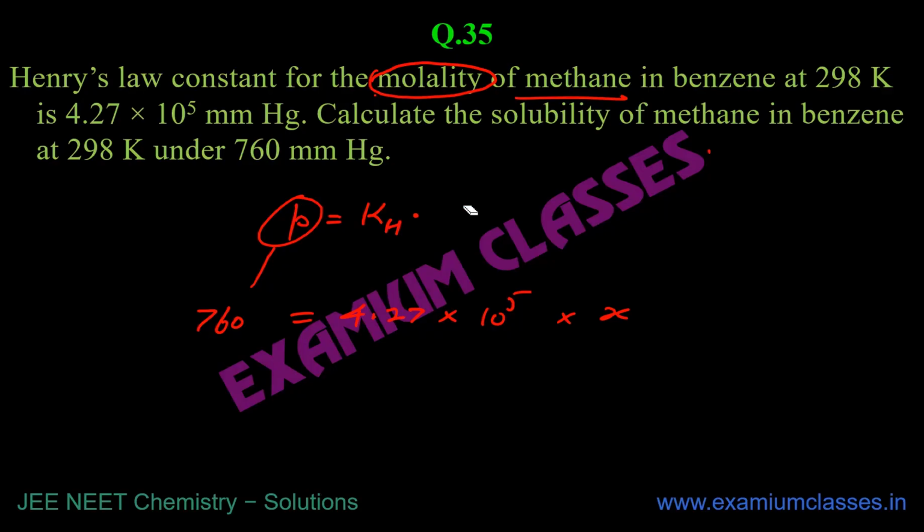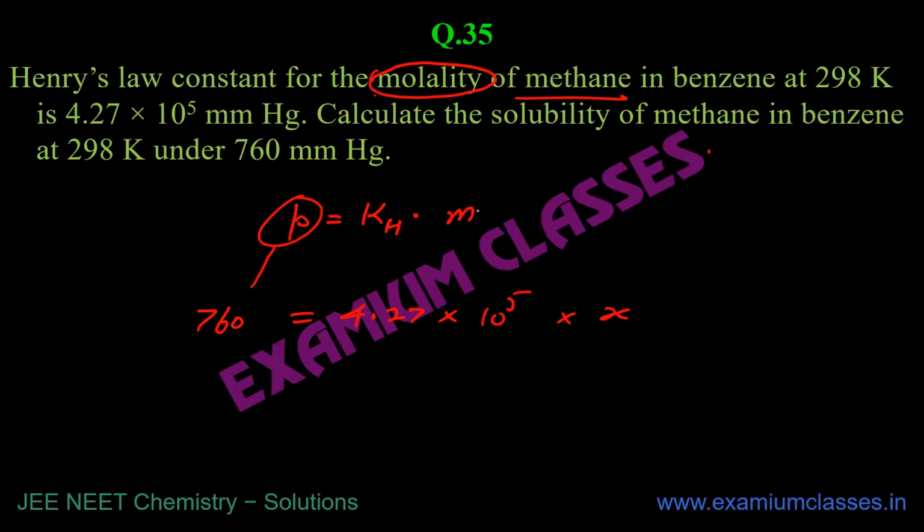So in all these questions, you will change this X by C, which is actually molality, by M first. But here, by approximation, this molality will be equal to molarity, that is C or capital M you can write, and then molarity is solubility. So you will first not change by C, you will say it is actually KH into M.